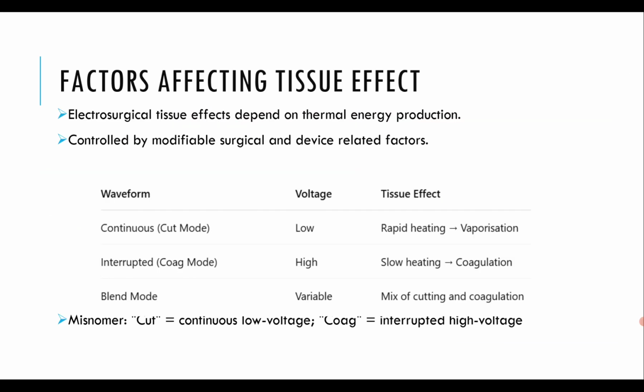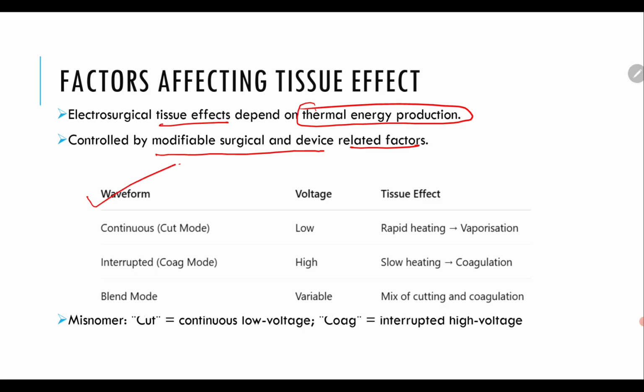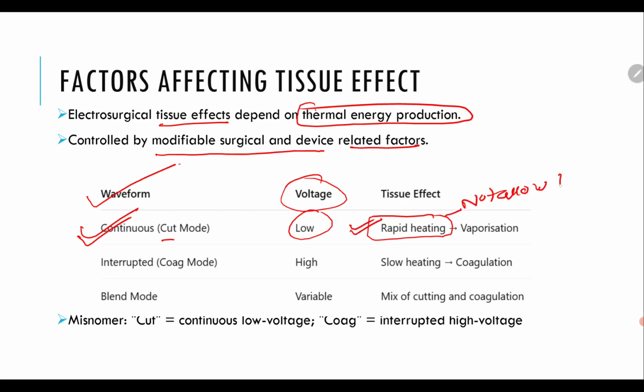The factors affecting the tissue effect. Basically, the electrosurgical tissue effect depends on the thermal energy production, controlled by modifiable surgical device related factors. Cutting depends on the waveform. A continuous, low voltage current will cause rapid heating, and it will not allow the cell to cool.